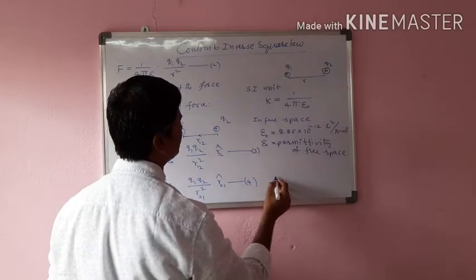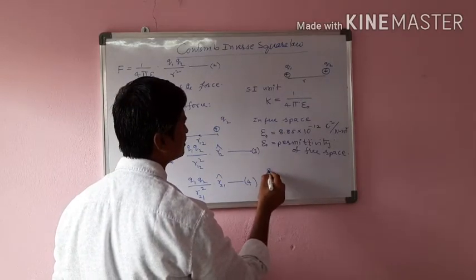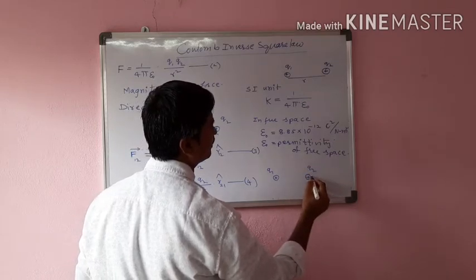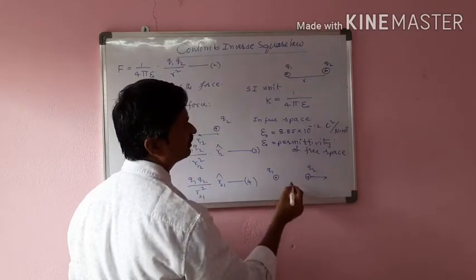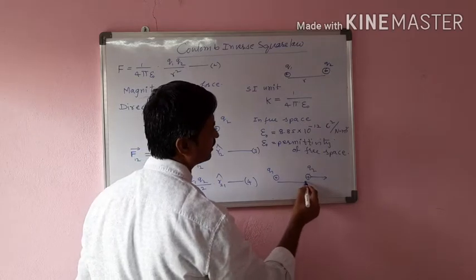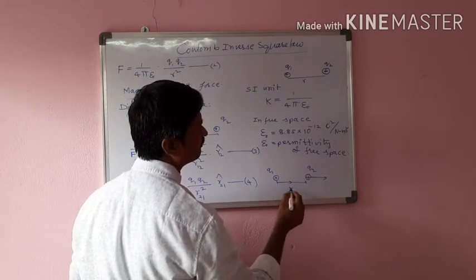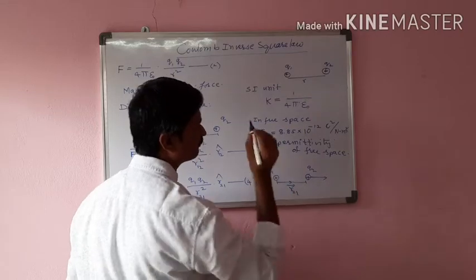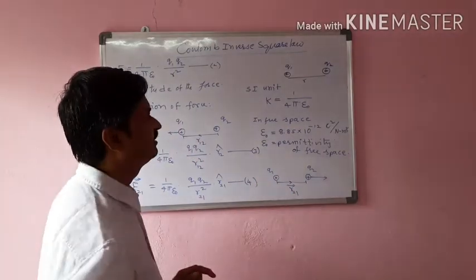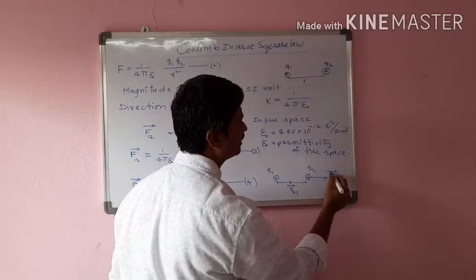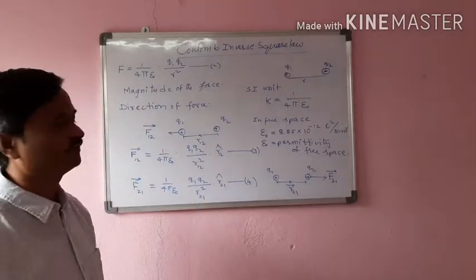Here Q1 is constant and Q2 will be repelled by Q1 in the direction towards 2 from 1. We write this force as F21. So this is the direction of the force.